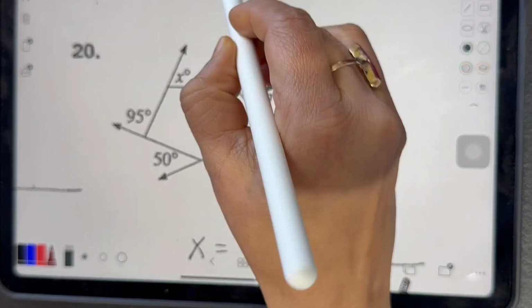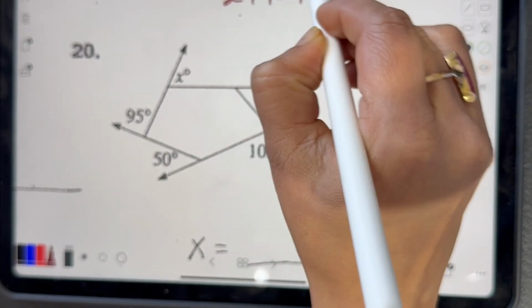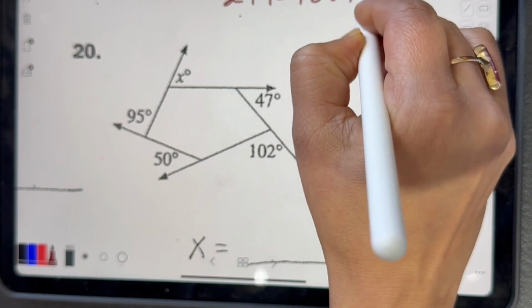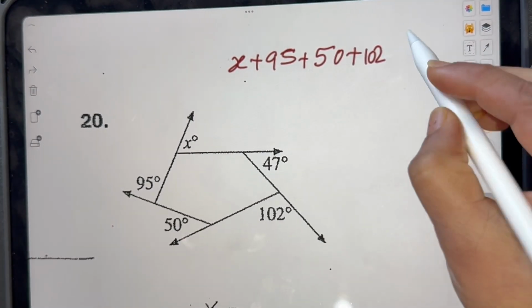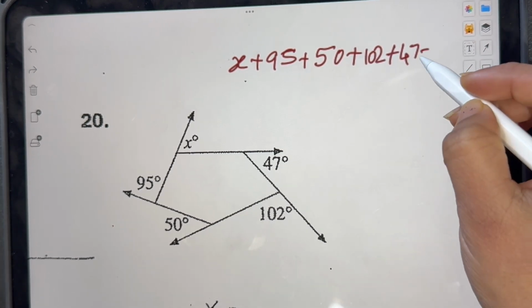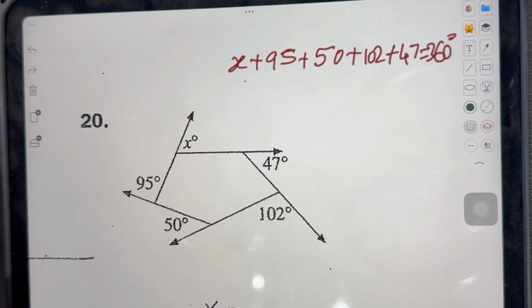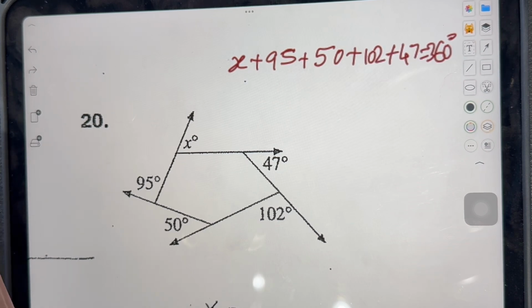So here is x plus 95 plus 50 plus 102 plus 47 is equal to 360. I hope it is visible. So basically you have to subtract all the numbers, that is 95, 50, 102 and 47.